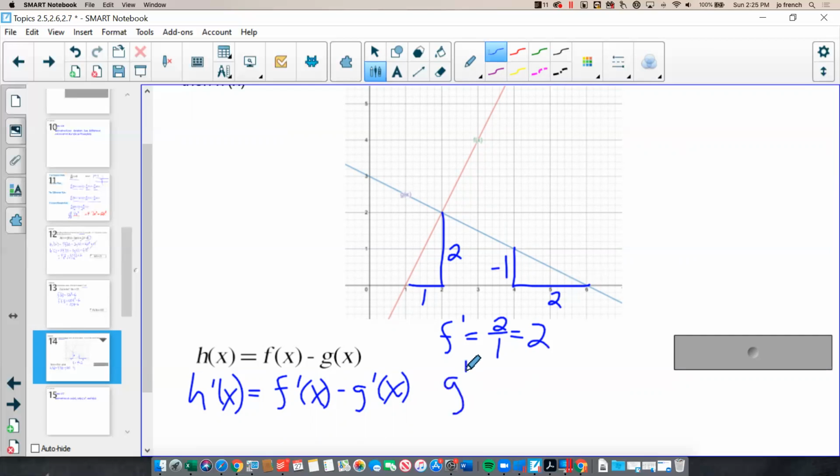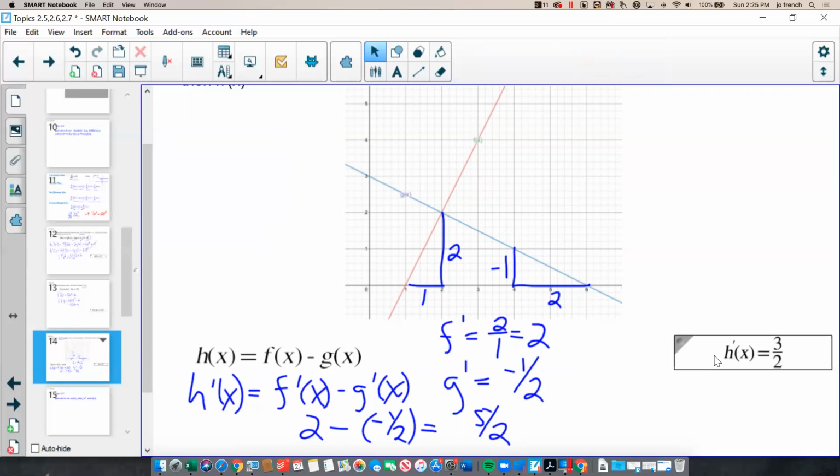So g prime is going to be negative 1 over 2, which means that f prime of x minus g prime of x will give me 2.5, or 5 halves. Whoops, 5 halves. Mistake. Watch out for those negatives. And that's our last example for this topic.